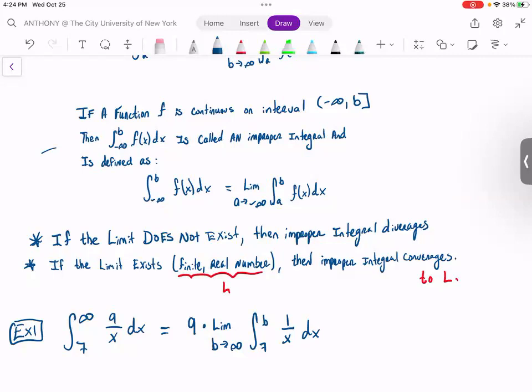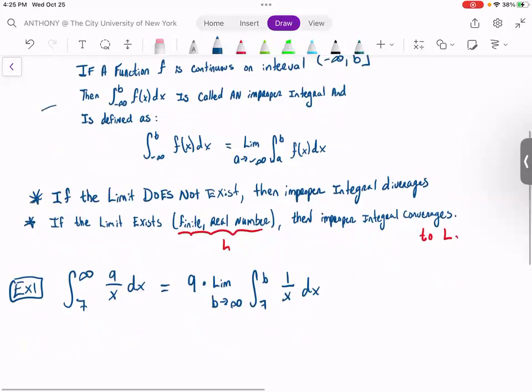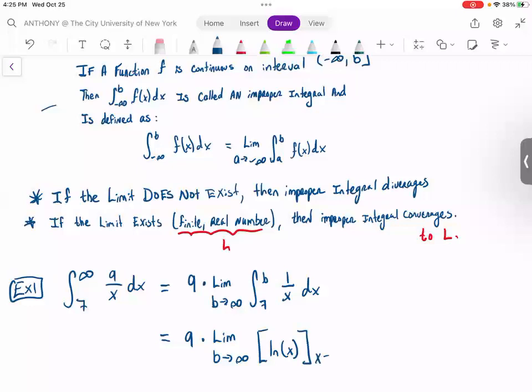Yeah, you're going to have to apply the ln rule, so you get ln of x. So we say that this is all equal to 9 times the limit as b approaches infinity of ln of x from x equals 7 to x equals b.